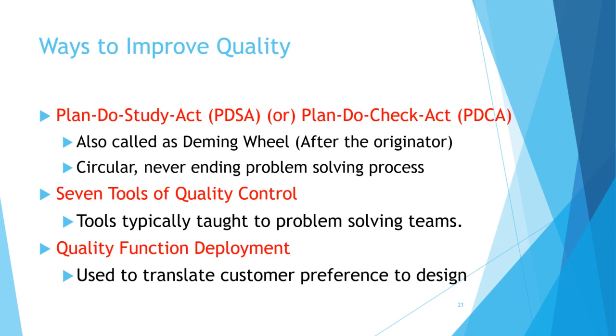This is a model for improvement, providing a framework for developing, testing and implementing changes leading to improvement. It is based on the scientific method and moderates the impulse to take immediate actions with the wisdom of careful study. Second one is the seven tools of quality control.